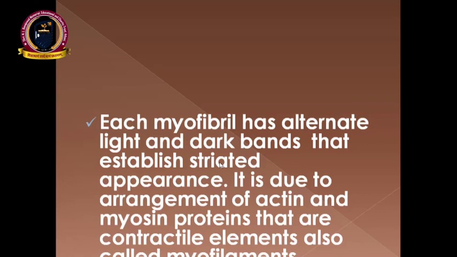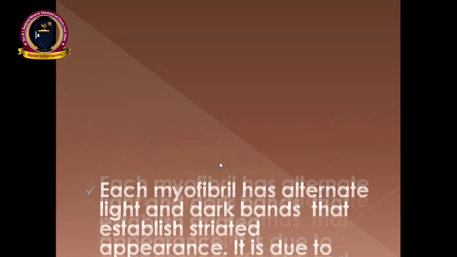It is due to the arrangement of actin and myosin proteins that are contractile elements, also called myofilaments. So that's all about the structure of the muscle. The next subtopic, the mechanism of muscle contraction, we will take up in our next video session. Till then, bye bye.